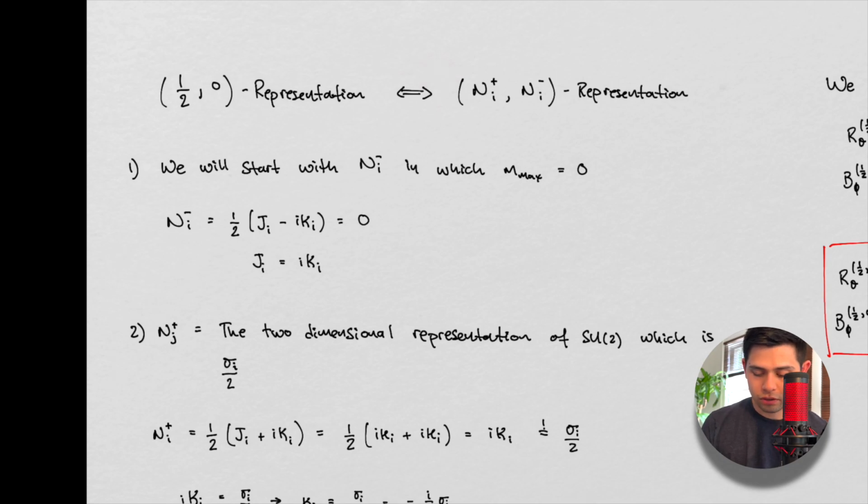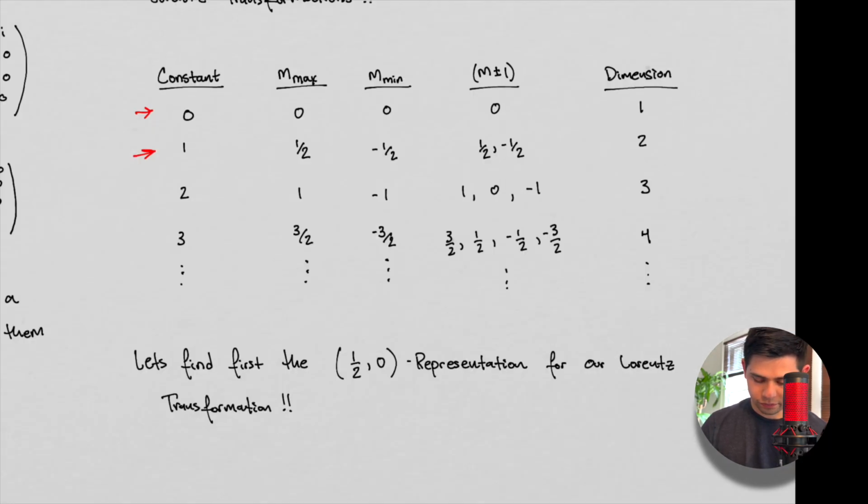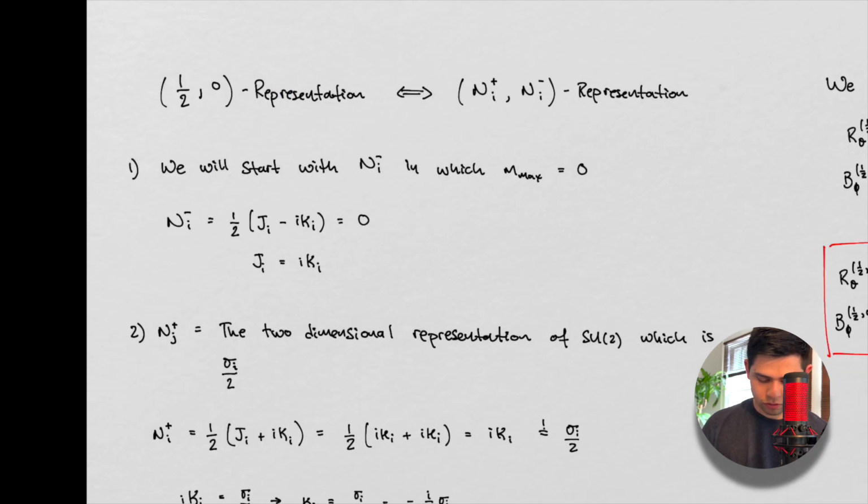So this is our two-dimensional representation, right? Because we're looking at this guy right here. So we're looking at this guy right here when we say a 1/2 representation, and then this guy right here when we're looking at the 0 representation. Okay, so what does this mean?